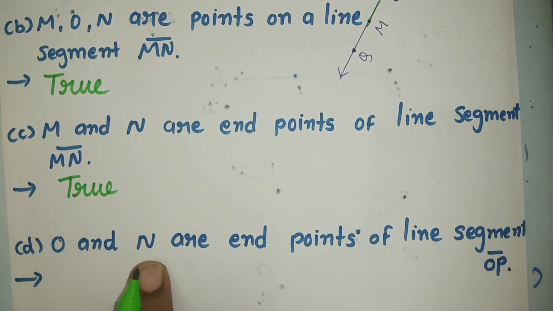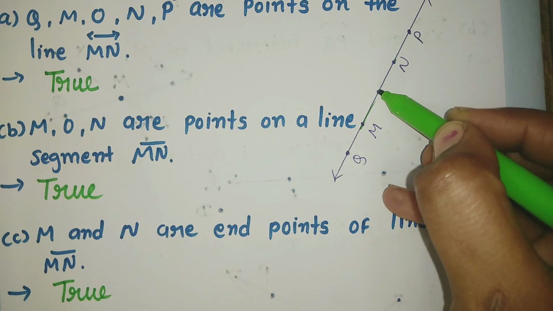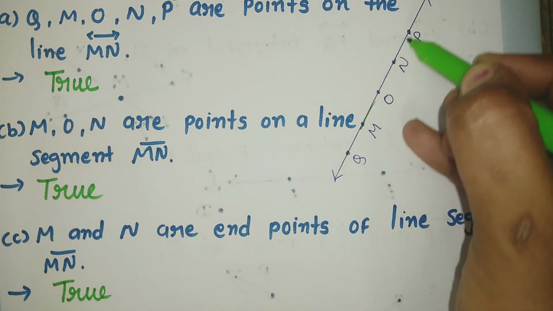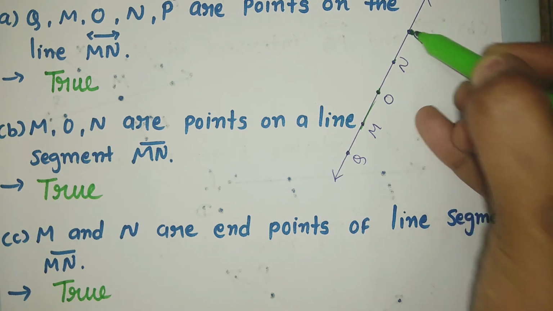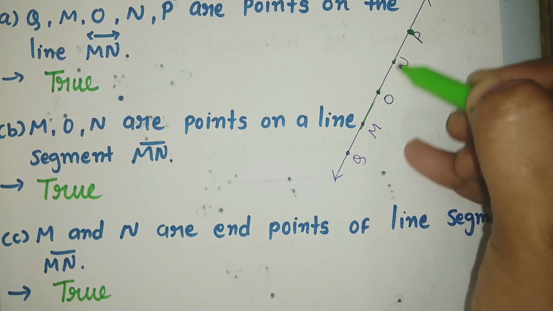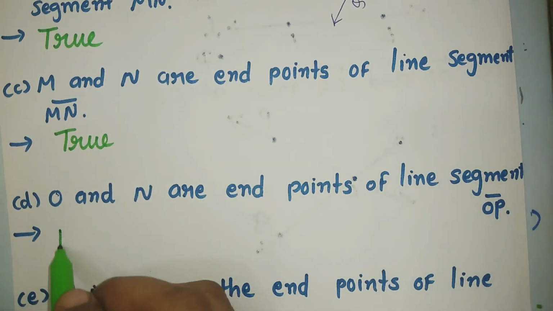O and N have been called endpoints of which segment? OP. So let's see what the line segment OP is. Line segment OP will start from here. So will O and N be the endpoints, or O and P? O and P will be the endpoints, not O and N. So this sentence D will be false.